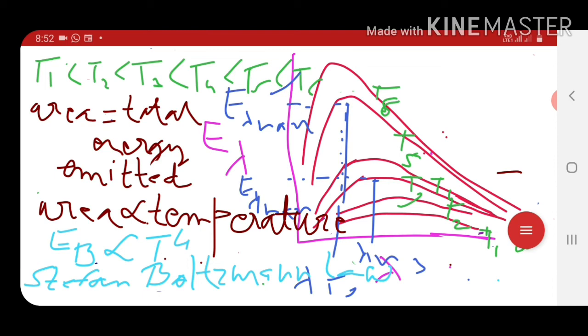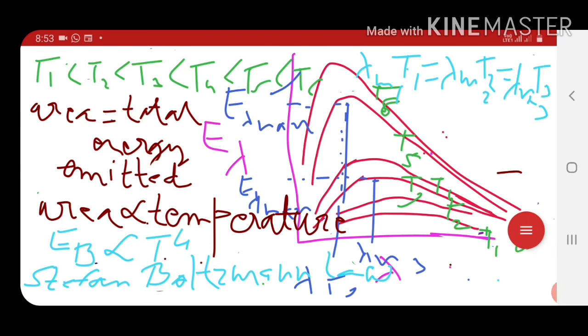From the curves, it is also found that lambda m1 into T1 is equal to lambda m2 into T2 is equal to lambda m3 into T3 and so on.